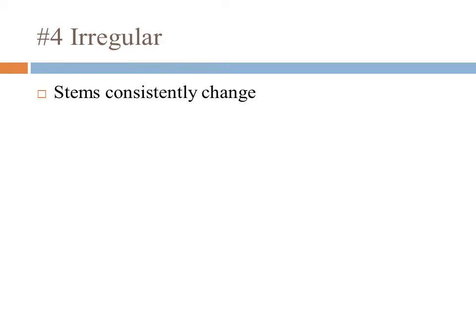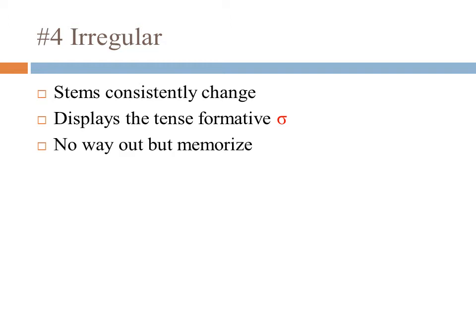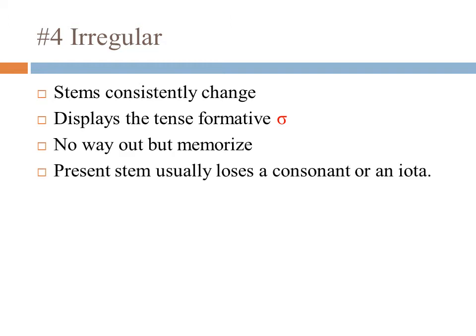So, these are verbs whose stems consistently change. That is, in the different tenses, the stems consistently change. They display in the future the tense formative sigma, and there's no way out but to memorize them.